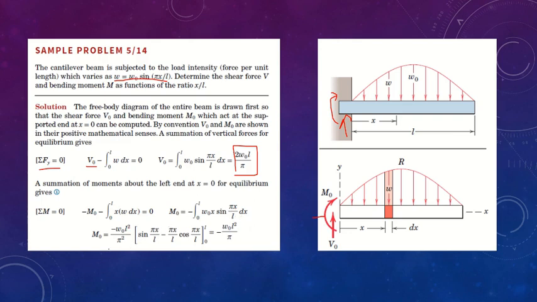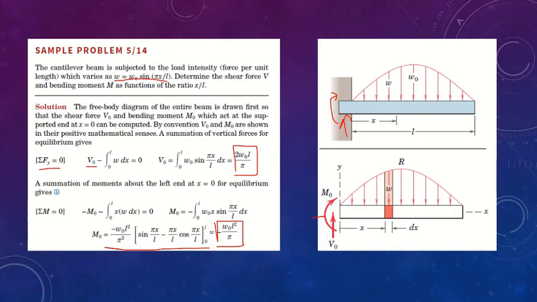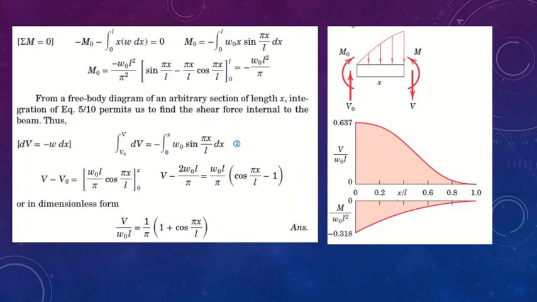Now we are going to find a generalized equation for this particular load distribution. And here we have it, as you can see. This part of the equation, you can go from V naught to V. We have the value of V naught.